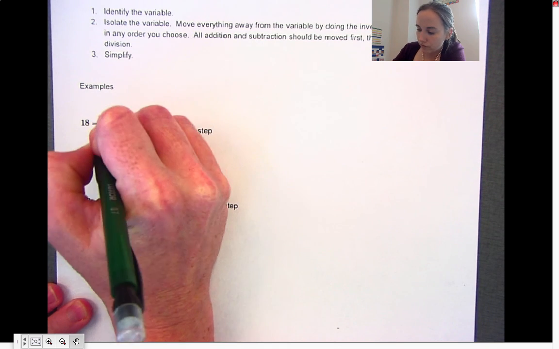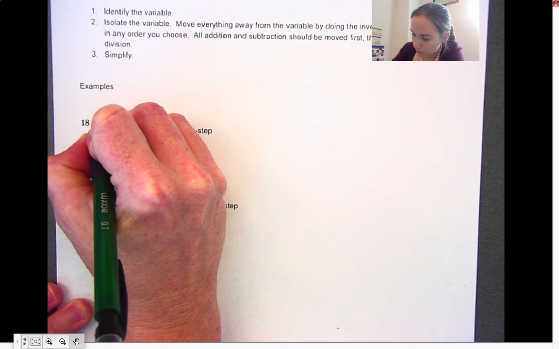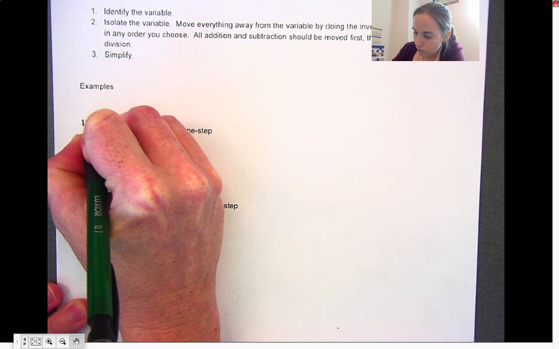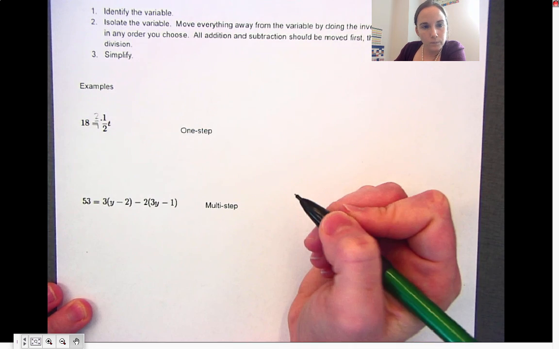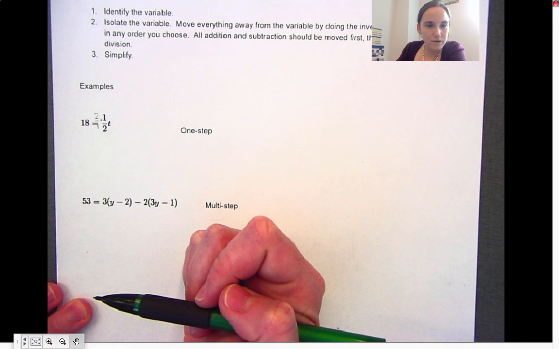So if we just flip this and multiply it by its inverse or reciprocal, so I'm going to multiply it by 2 over 1, then that's going to cancel out the 1/2.